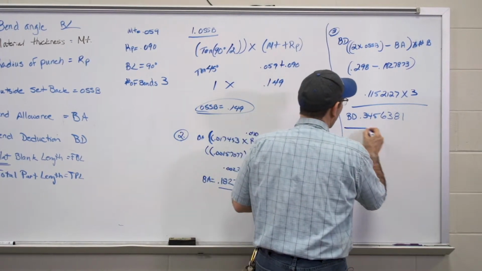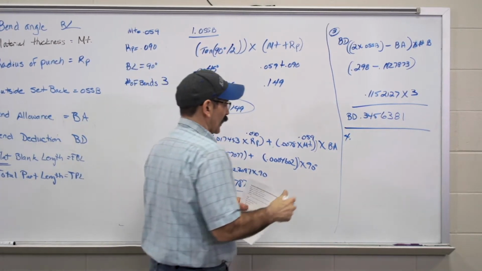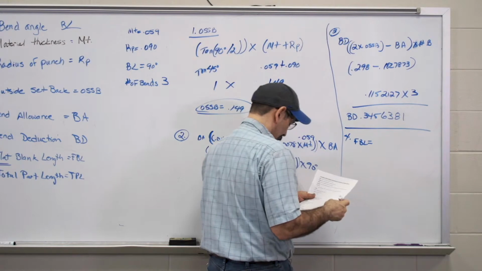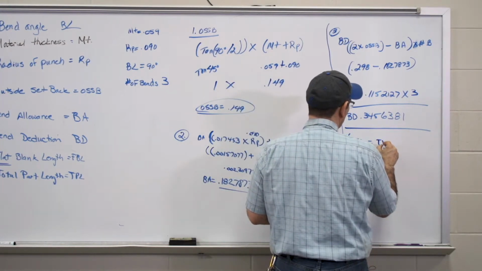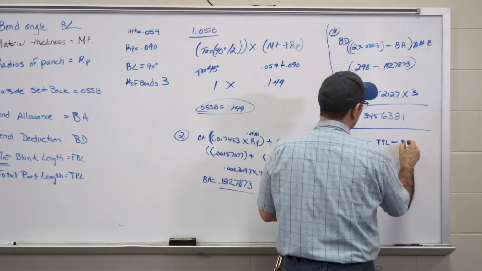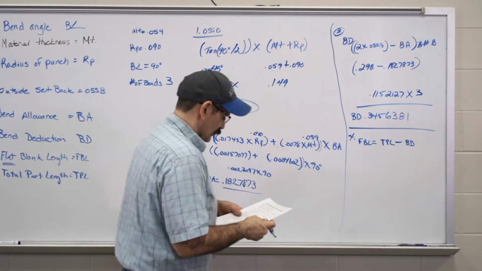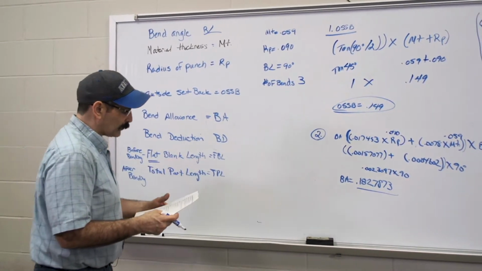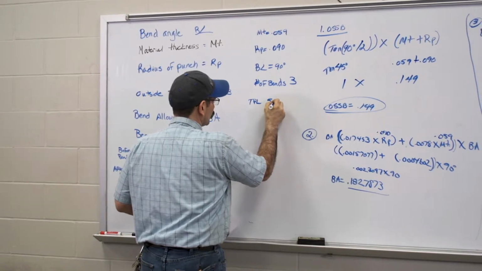All right, last one, yay. So this one's easy. Flat blank length equals the total part length minus the bend deduction. So my total part length, we didn't talk about, but my total part length, TPL, was 5.5, okay?